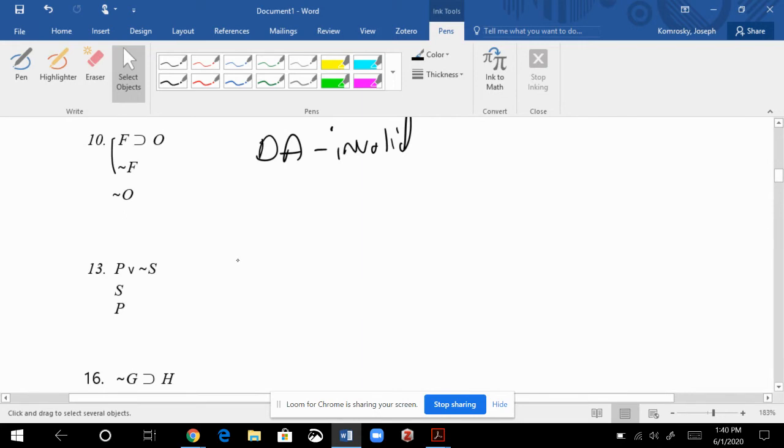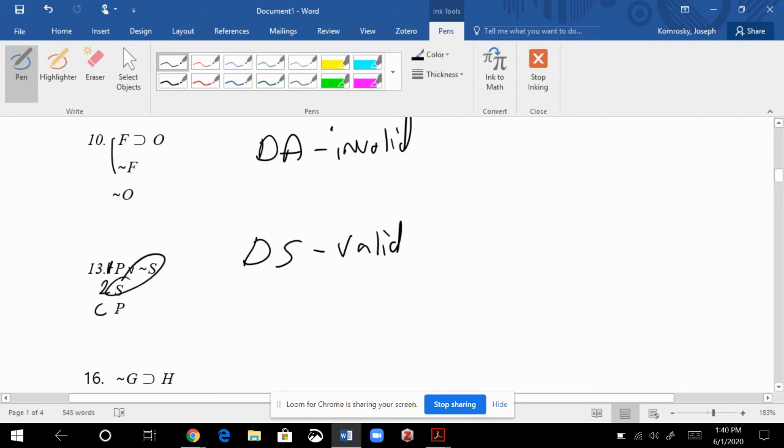13, what was this one? This was simply disjunctive syllogism. Why? I have premise 1 here, premise 2, conclusion. It looks like I'm denying one of those options, so I'm bringing the other down. And you could see it like this.